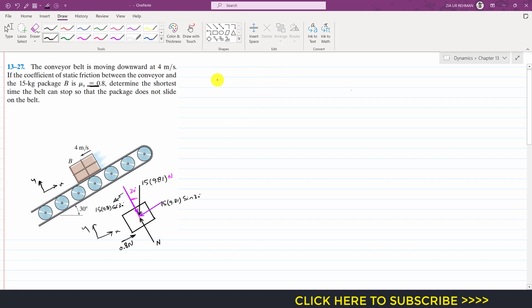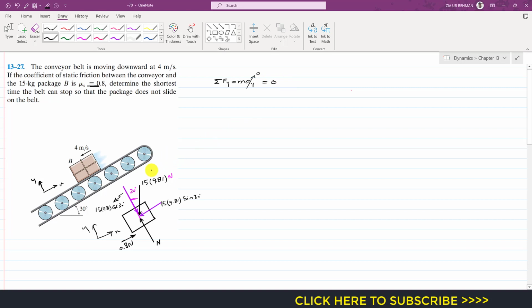Now if we apply the summation of forces along y equals MAY, since the package is only moving along the incline, it is not accelerating along the y-axis, so the acceleration along y is 0. This means the summation of forces along y is equal to 0.